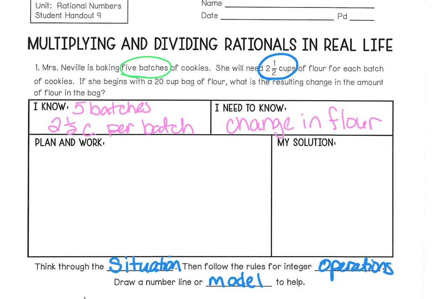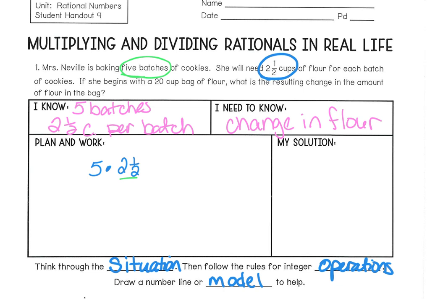So we have 5 batches times, because it's per batch, that per is times, 2.5 cups. So we need to change this one to an improper in order to make it work here.